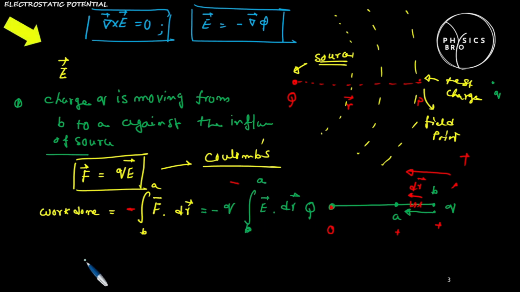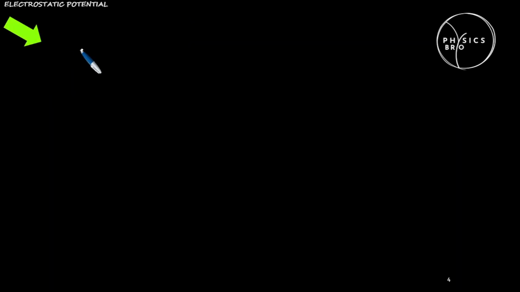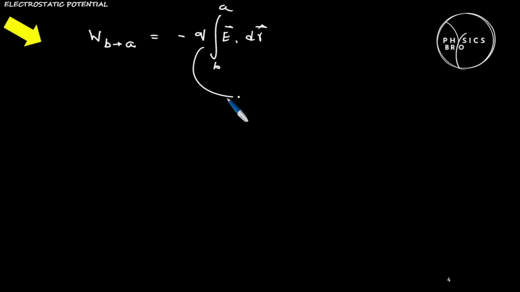So the work done W from B to A, a notation that the body is moving from B to A, is minus q into the integral from B to A of E dot dr. But look, this work done depends on q.